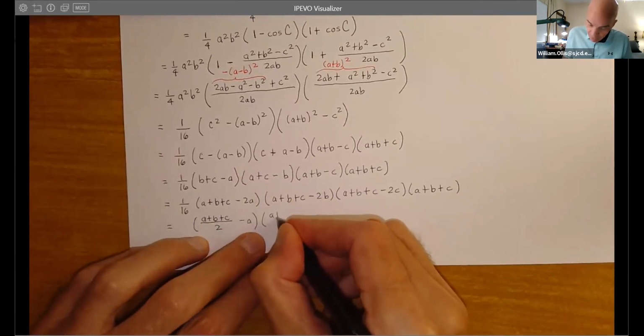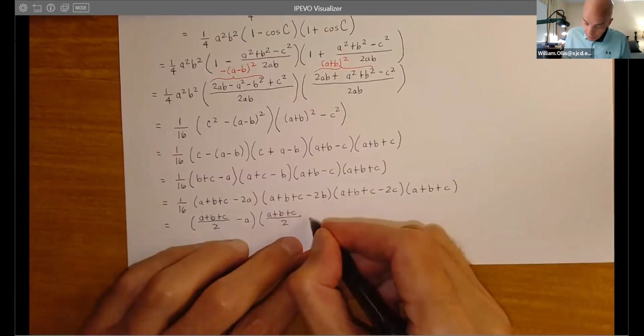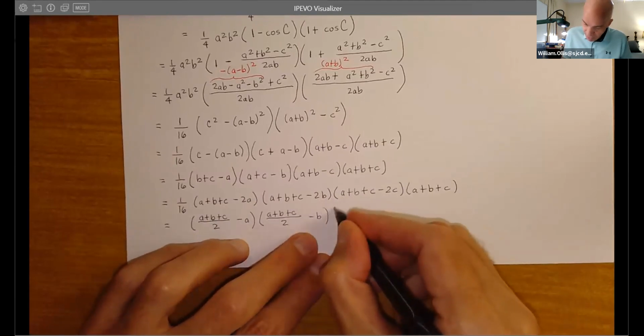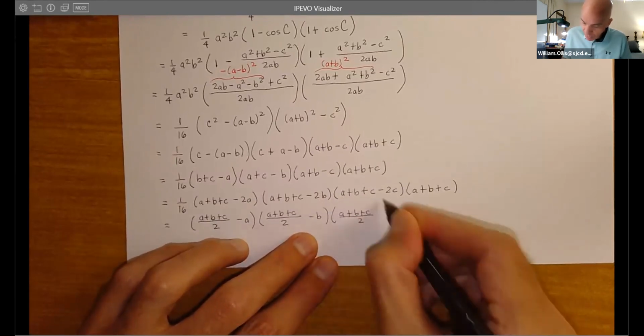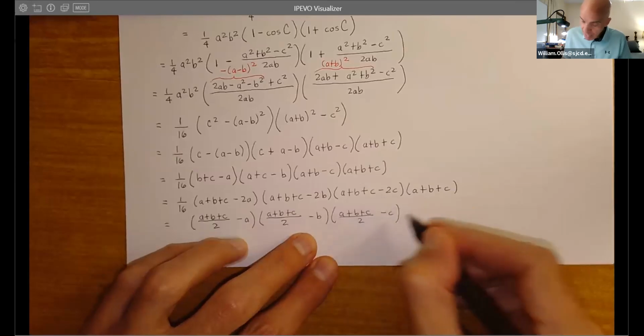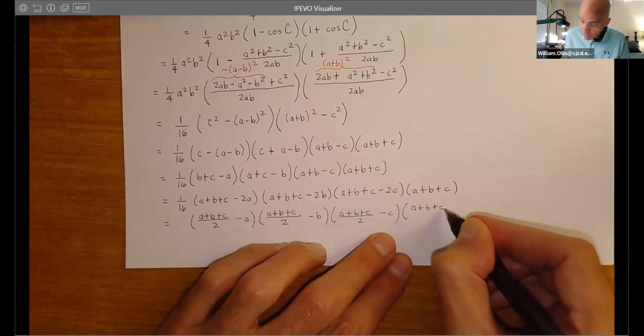We get a plus b plus c over 2 minus b. And we get a plus b plus c over 2 minus c. And this is just the lone semi-perimeter. Just divide by 2.